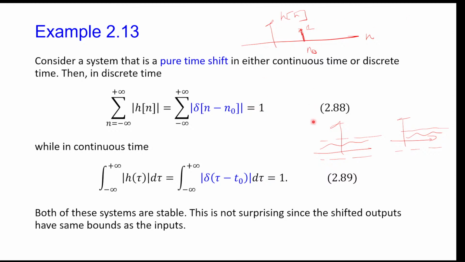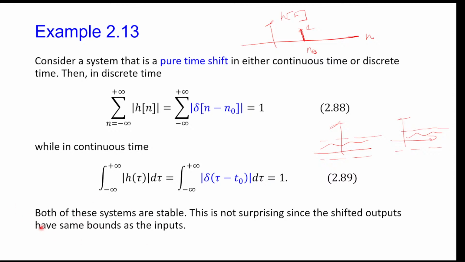Okay, and also the continuous time case is very similar. Instead of just 1 here, you have a spike with area 1, and so you integrate through everything. When you integrate through a spike at n0, you get the area 1 of that spike. So in continuous time, the integration is also 1.